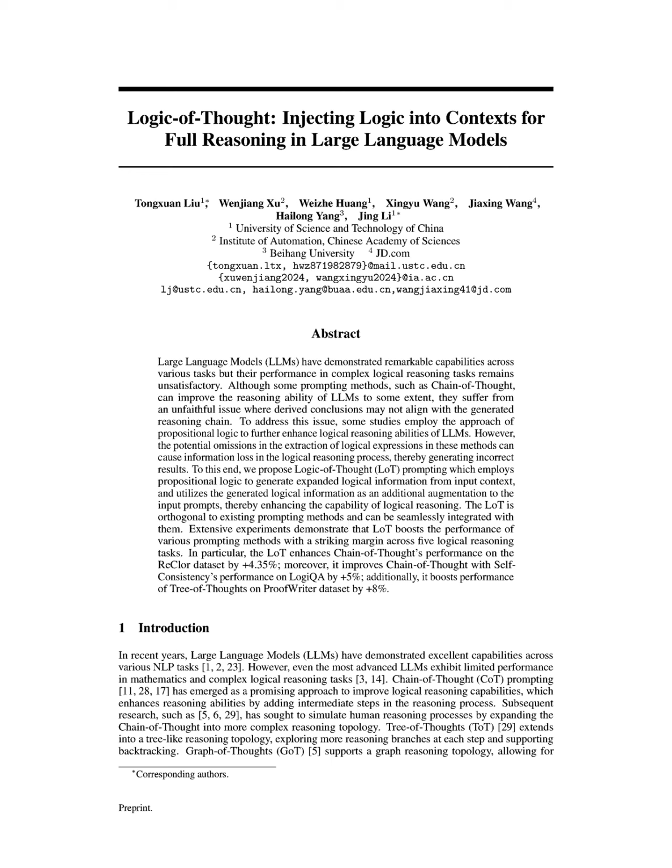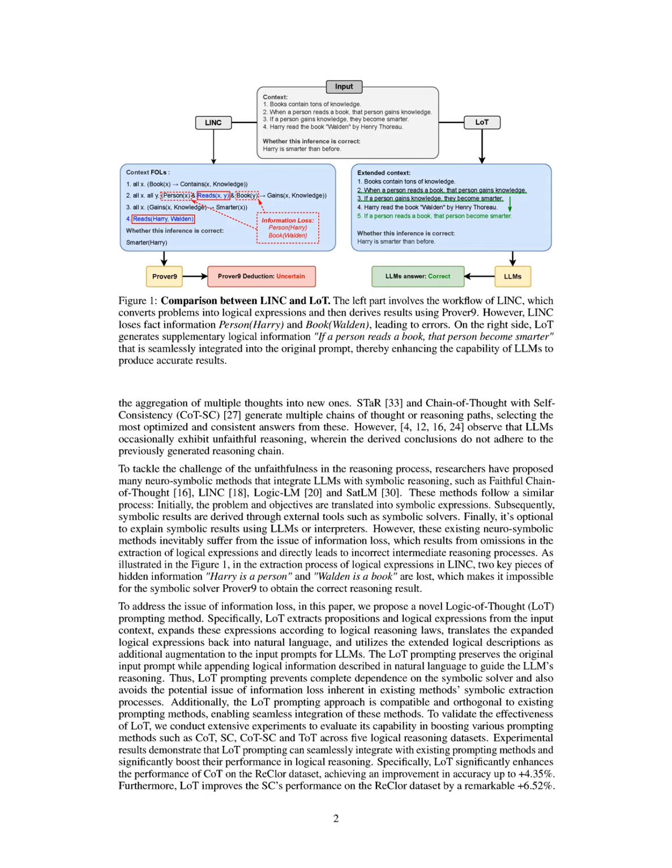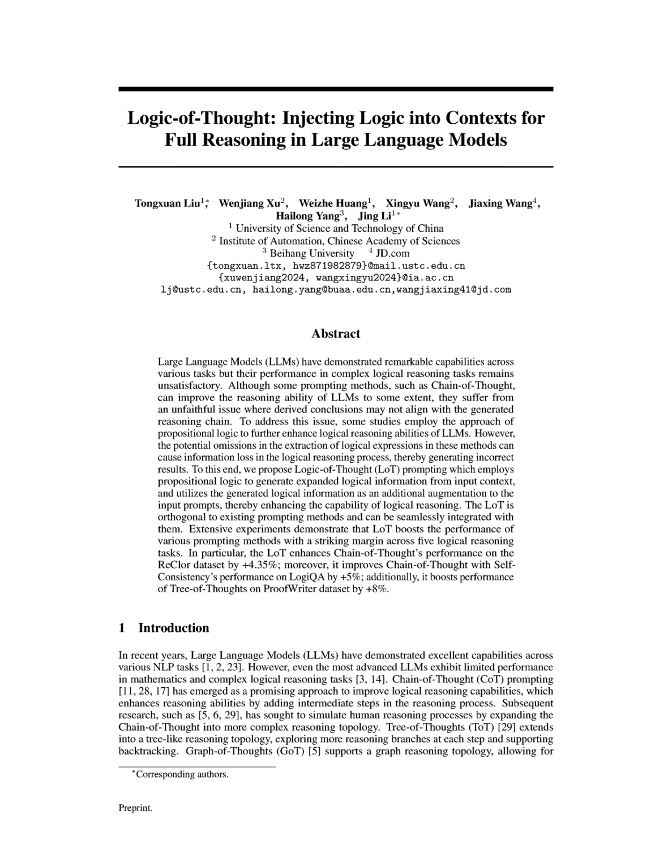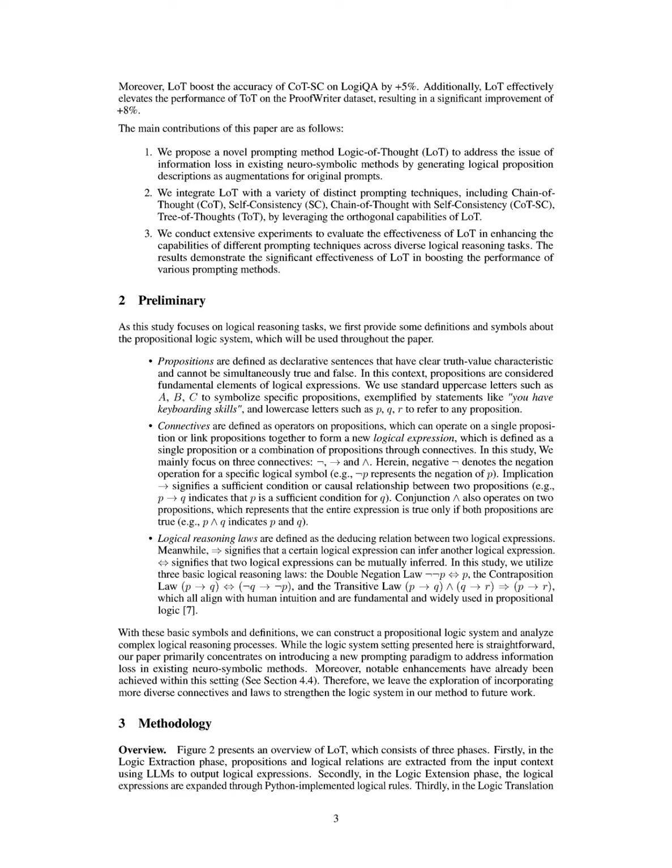The empirical results demonstrating the effectiveness of the Logic of Thought (LOT) method are evident across several datasets. For instance, LOT significantly enhances the performance of the chain of thought (CoT) method on the ReClor dataset, achieving an accuracy improvement of +35%. Additionally, it boosts the self-consistency (SC) method's performance on the same dataset by +52%.